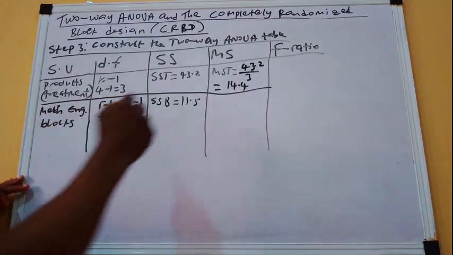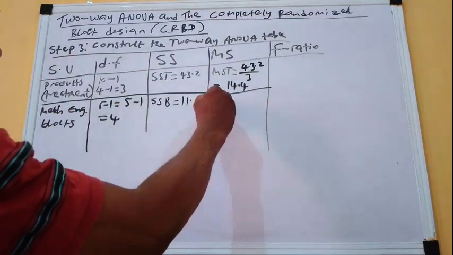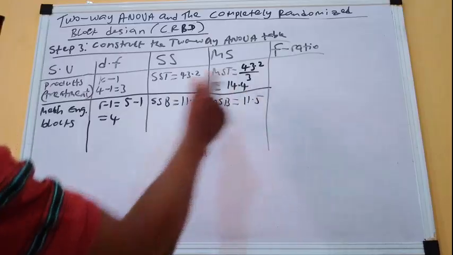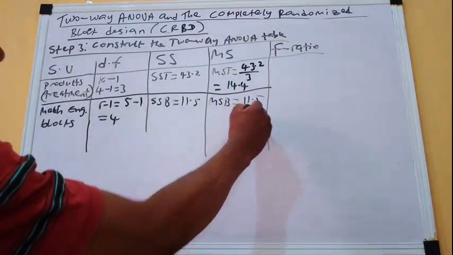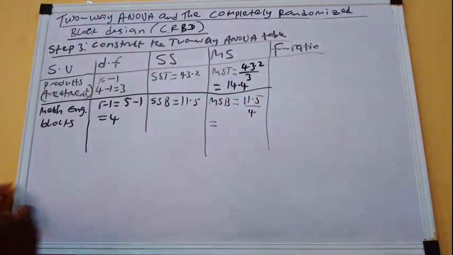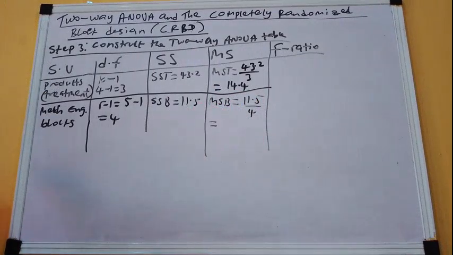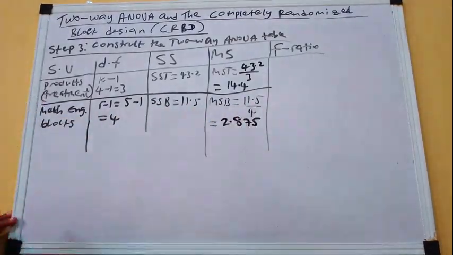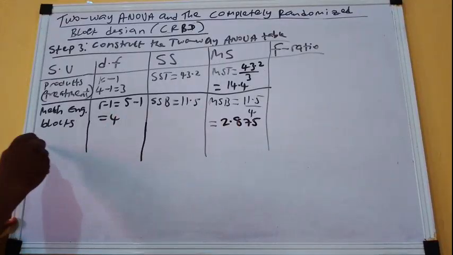Then our mean sum of square for block, MSB, is equal to 11.5 over 4, and that will give us 2.875.